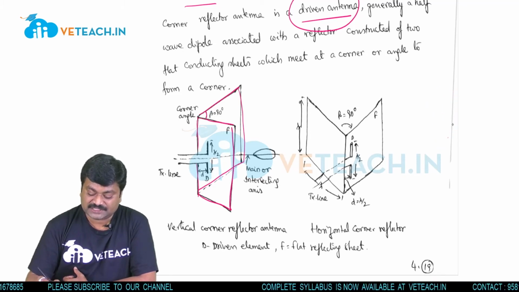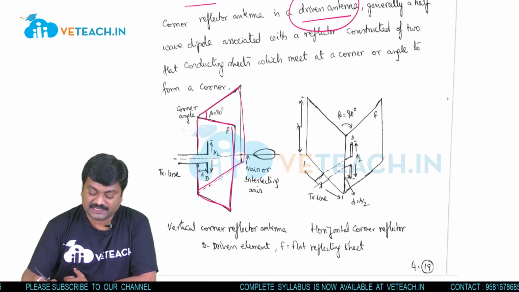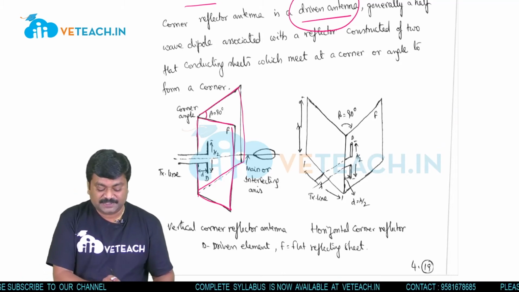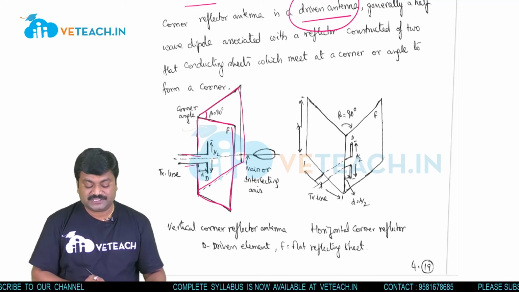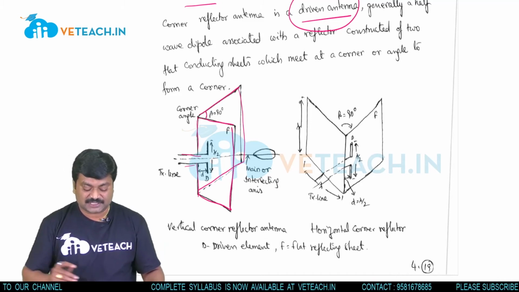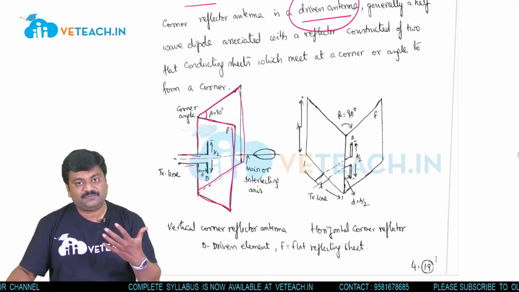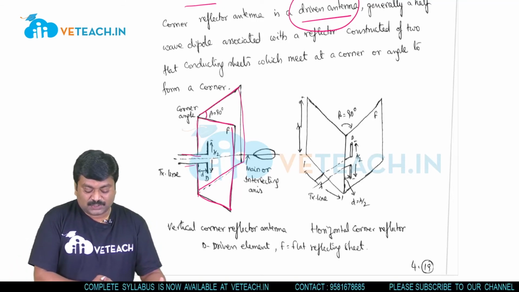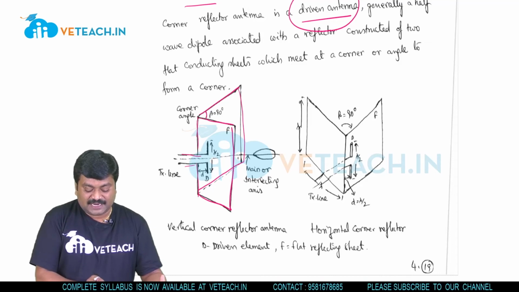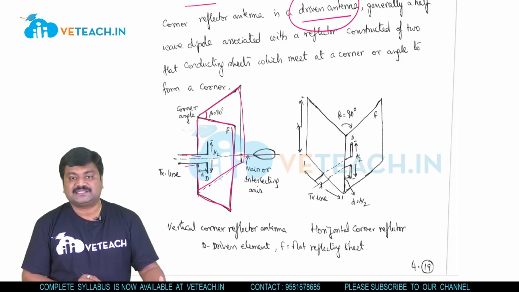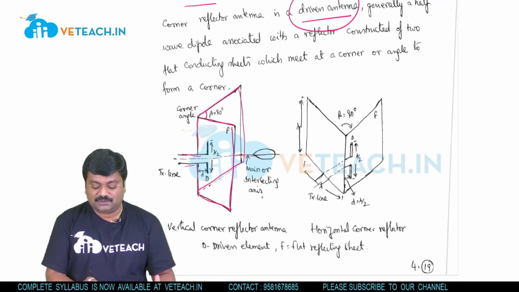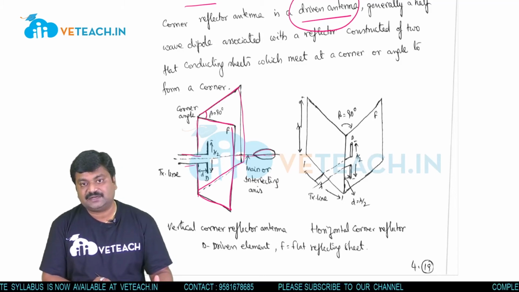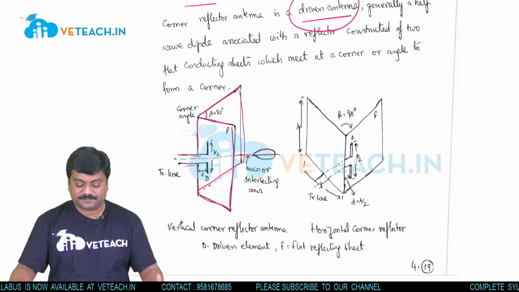In between these, I have used a dipole antenna that is fed by the coaxial cable or transmission line. On placing this, I will be having an intersecting axis.